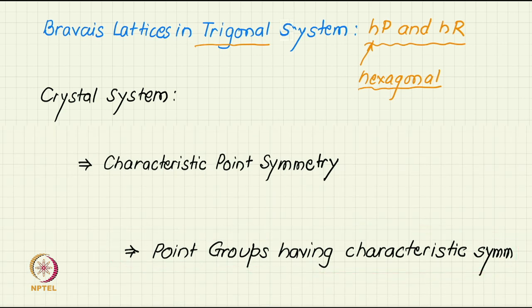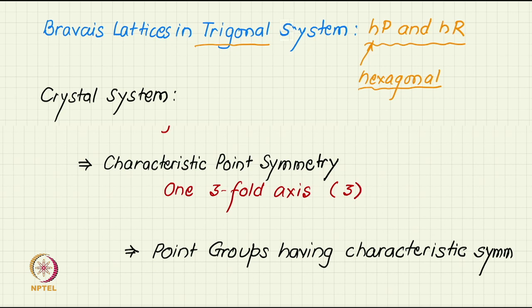Let us apply this to the example of the trigonal system. If the crystal system is trigonal, then the characteristic point symmetry is one threefold axis, or in symbol just 3.